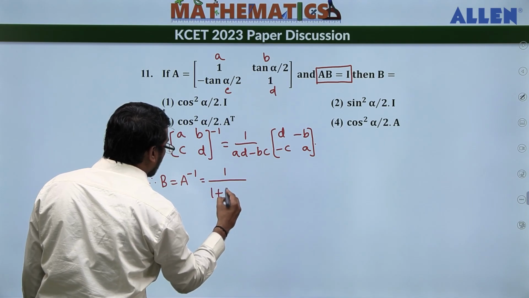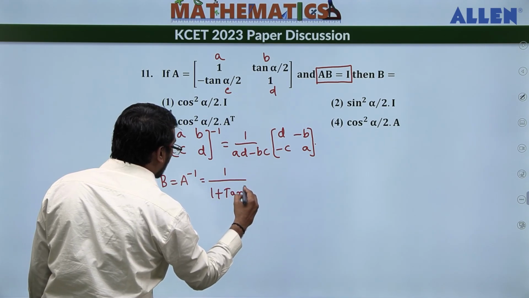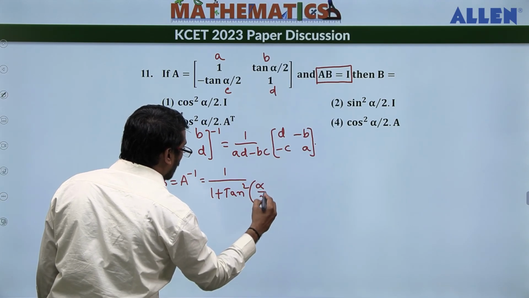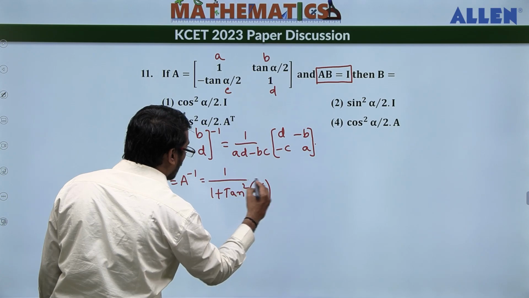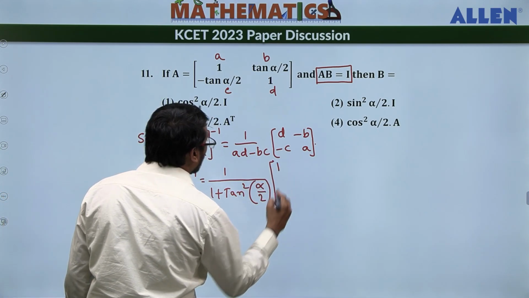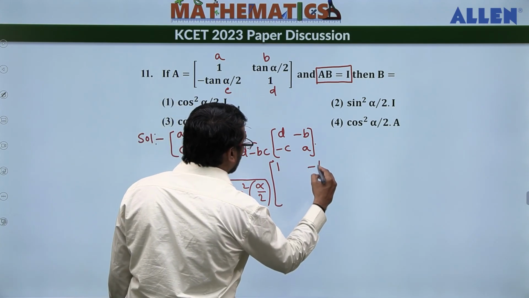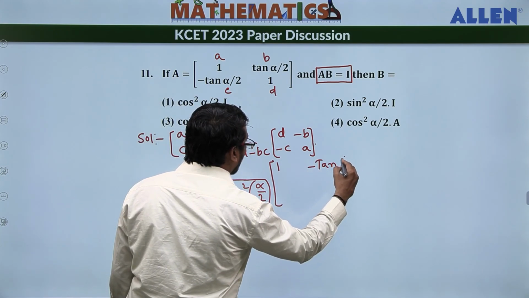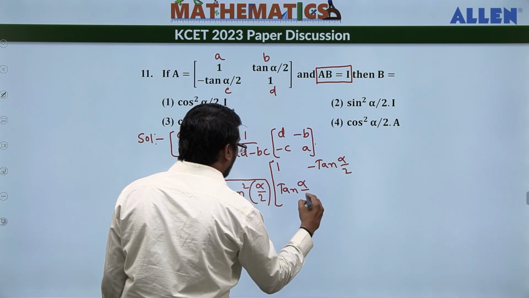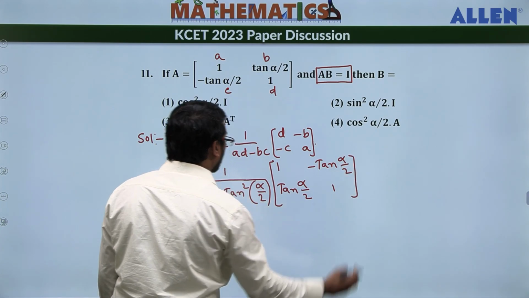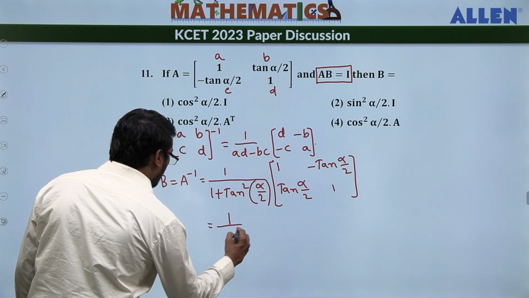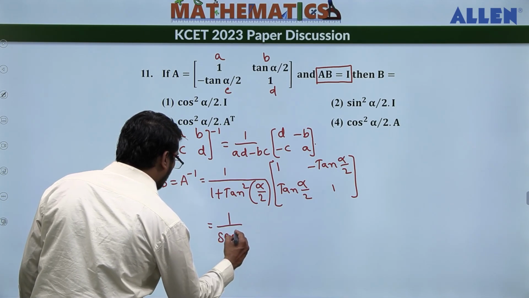1 plus tan square of alpha by 2. So diagonal elements are interchanged. Minus tan alpha by 2, tan alpha by 2, this one. What is this one? 1 by secant square of alpha by 2.